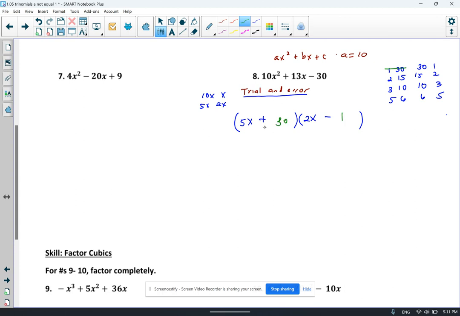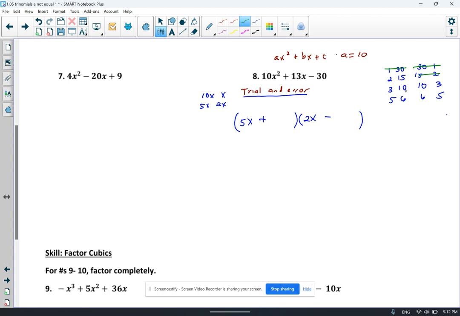Well, it can't be that because 5 goes into 30, so another one goes away. I love crossing things out. Could it be 2 and 15? That's a possibility, right? Because 5 doesn't go into 2 and 2 doesn't go into 15. But could it be 15 and 2? No, because 5 goes into 15 and 2 goes into 2. So I cross another one out. We love crossing them out.